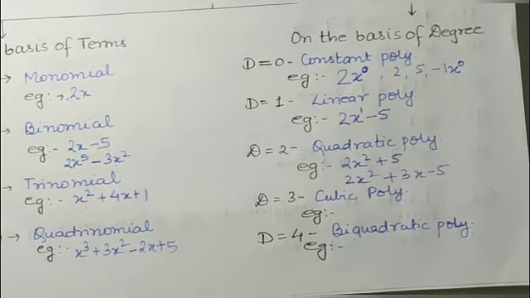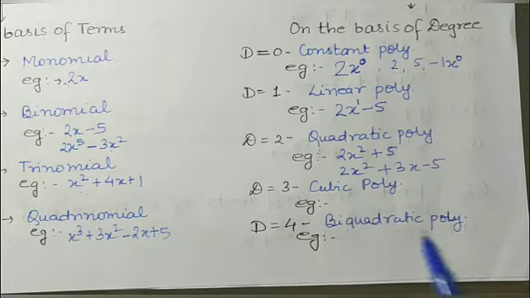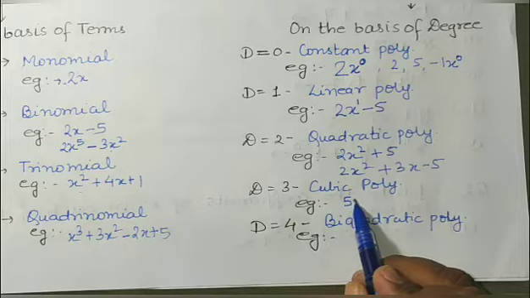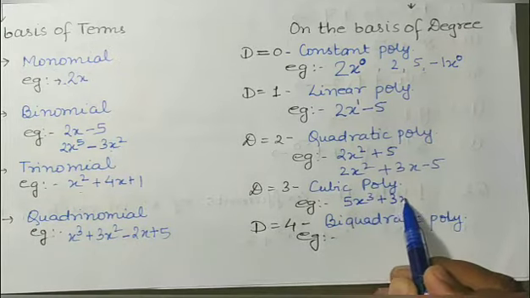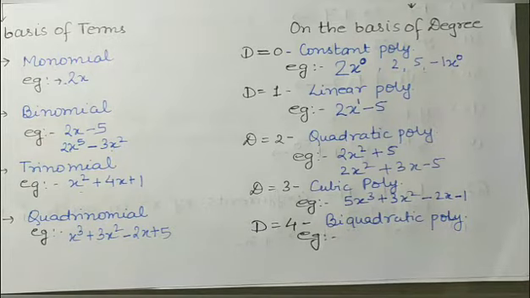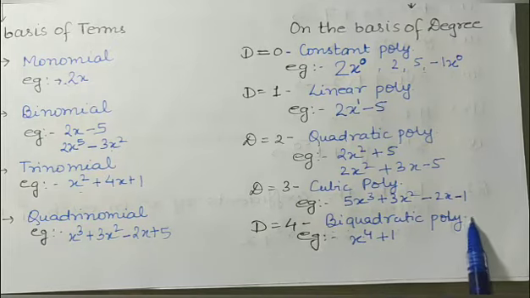Now cubic polynomial means the degree is 3, like 5x cube plus 3x square minus 2x minus 1. If the degree is 4, then it will be known as biquadratic polynomial, like x to the power 4 plus 1. Here the maximum power of x is 4, so it will be biquadratic.